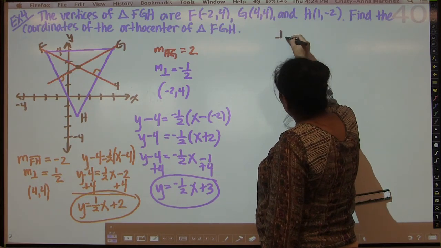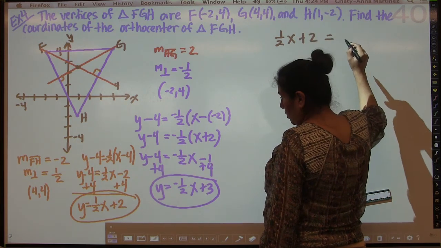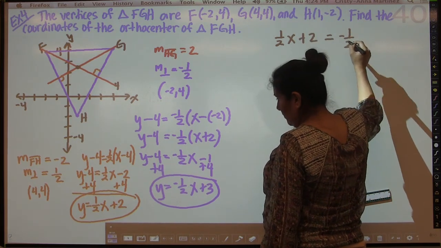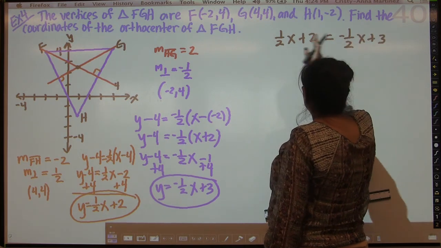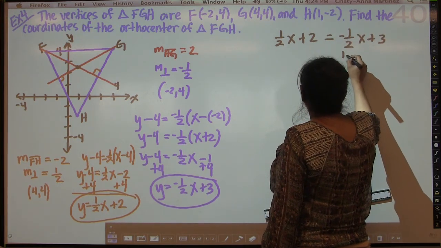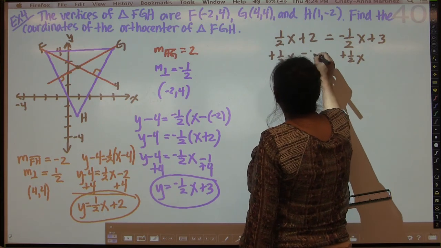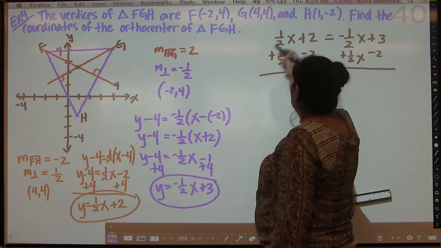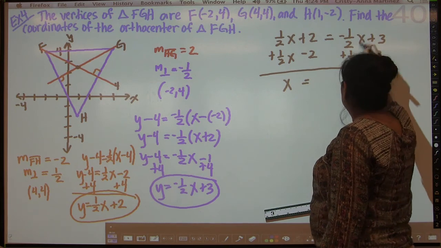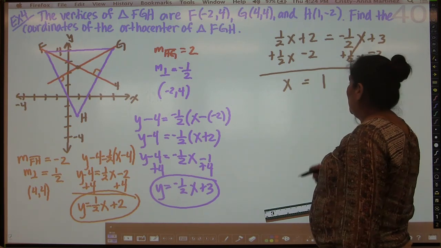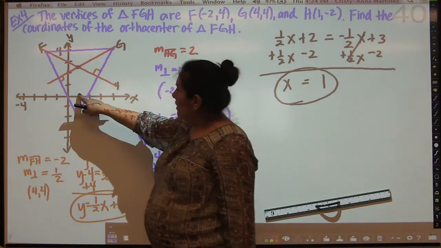We take the 1/2 x plus 2 and have it equal the -1/2 x plus 3. So I put the x's on the same side, so I'm going to add 1/2 x to each side. Subtract this 2 from both sides, and 1/2 and 1/2 is 2/2, or just 1x. And 3 minus 2 is 1, so x equals 1, which was what we thought. It was (1, 2.5).